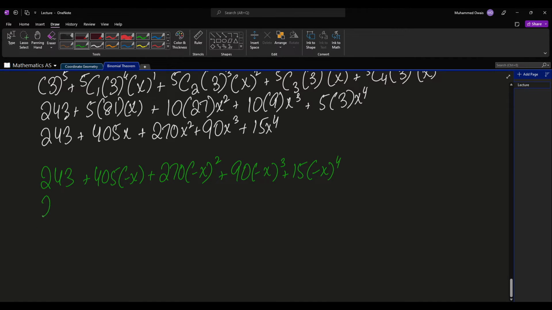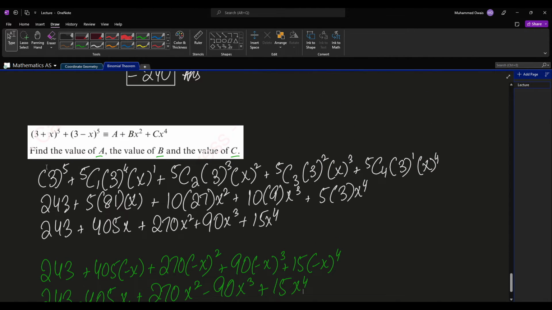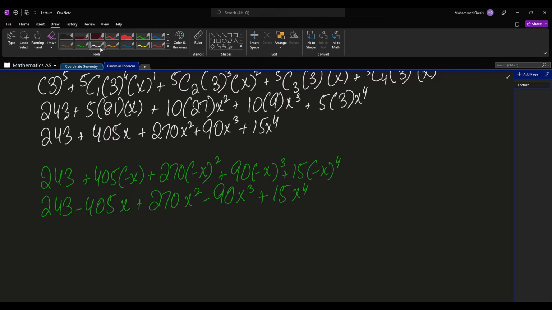So then this gives me 243 negative 405 x plus 270 x squared negative 90 x cube plus 15 x power 4. Now it is asking to add both of these. So let me just write both of them on a single side.